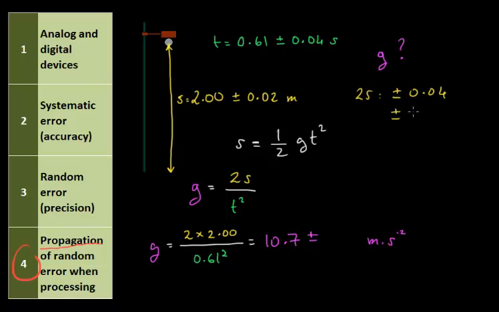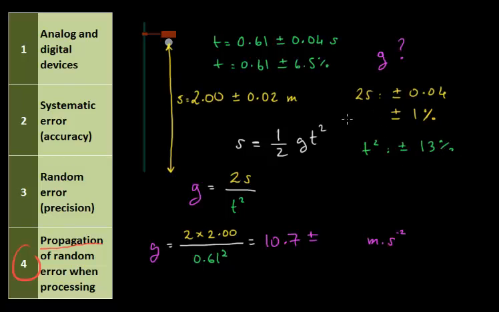So we have a relative uncertainty of 1%. Now, what about t squared? To know the uncertainty on t squared, first I need to know the relative uncertainty of t, which is 0.04 divided by 0.61, and I obtain approximately plus or minus 6.5%. So the relative uncertainty on t squared is twice this uncertainty, so it's 13%.